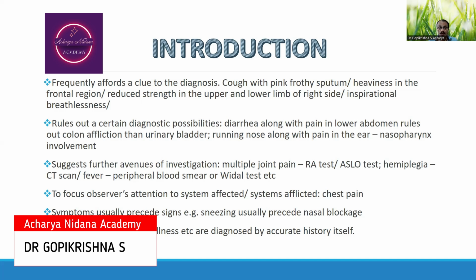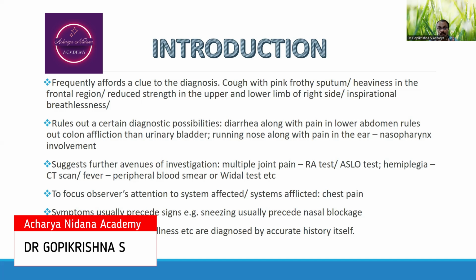That means first important point, the accurate history frequently affords a clue to the diagnosis, which particular area the clinician has to concentrate on. Second, it rules out certain diagnostic possibilities. That means it is helping in the differential diagnosis. Third, suggesting the further avenues of investigation, what kind of investigation a clinician has to order.